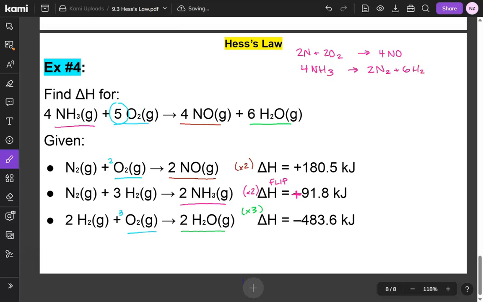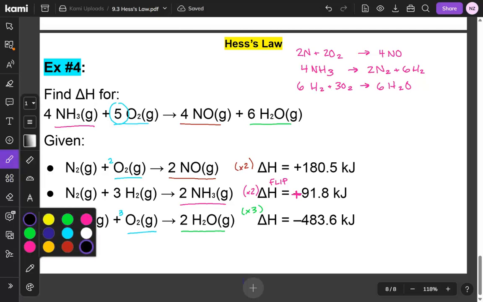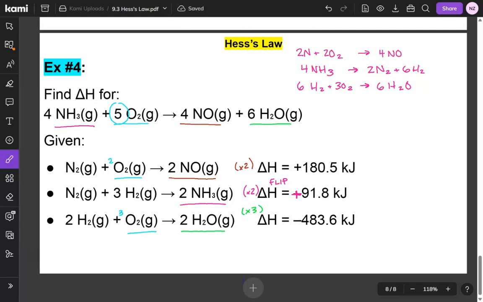For our third equation, we just tripled everything. So we're going to have 6 hydrogens. We're going to have 3 oxygens. And then we're going to have 6 waters. All right, let's see what we can cancel out.